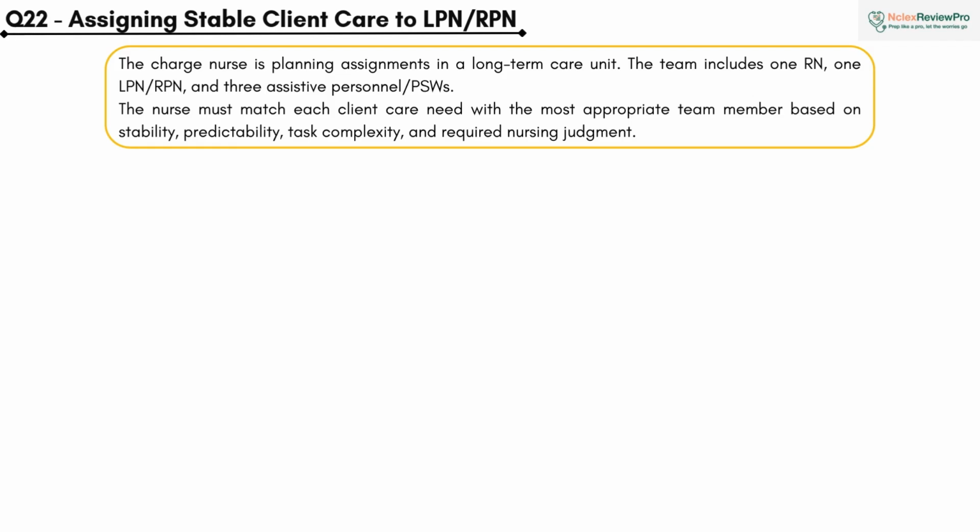The nurse must match each client care need with the most appropriate team member based on stability, predictability, task complexity, and required nursing judgment. And the question is asking, for each client care need, select the most appropriate team member.